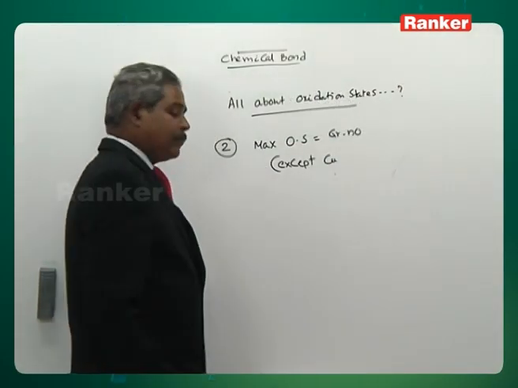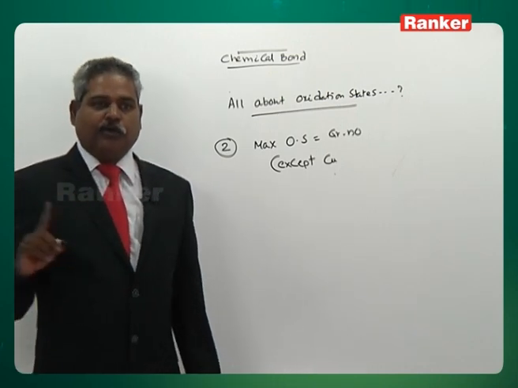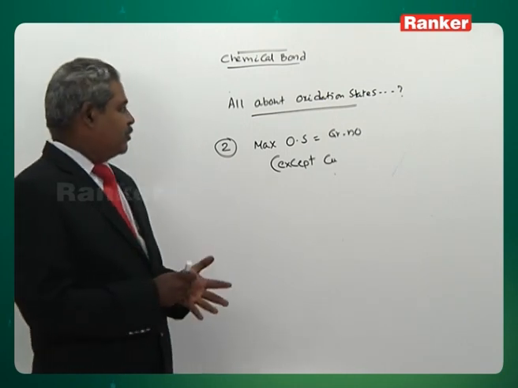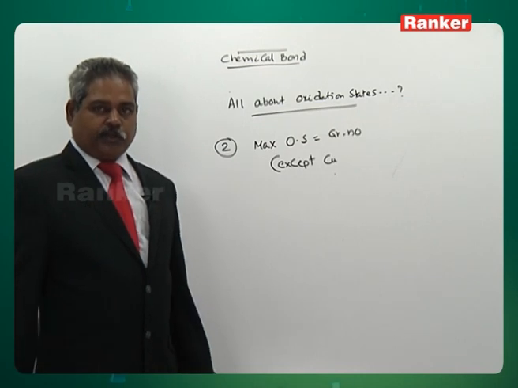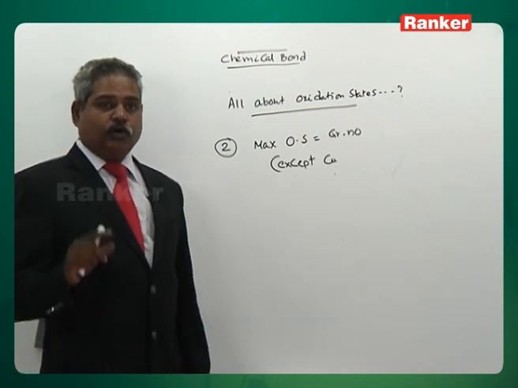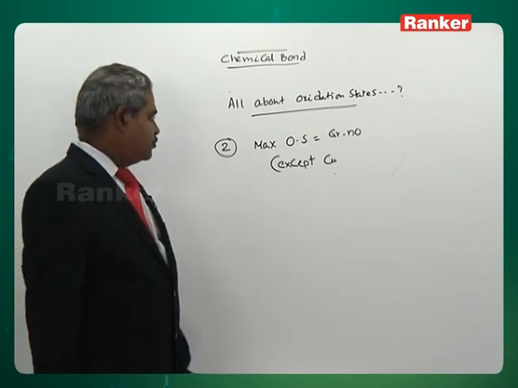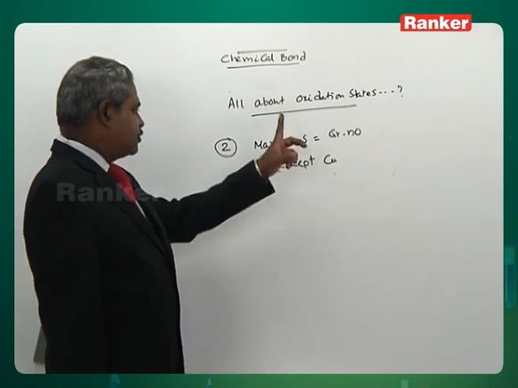And when I say group number, it is Mendeleev's group number, not the IUPAC group number. IUPAC group number is not very useful. If I say chlorine belongs to the 17th group, that doesn't help us much. The group number 7, the old notation 7A of manganese is more useful to us. Copper belongs to 1B, but its maximum is +2.